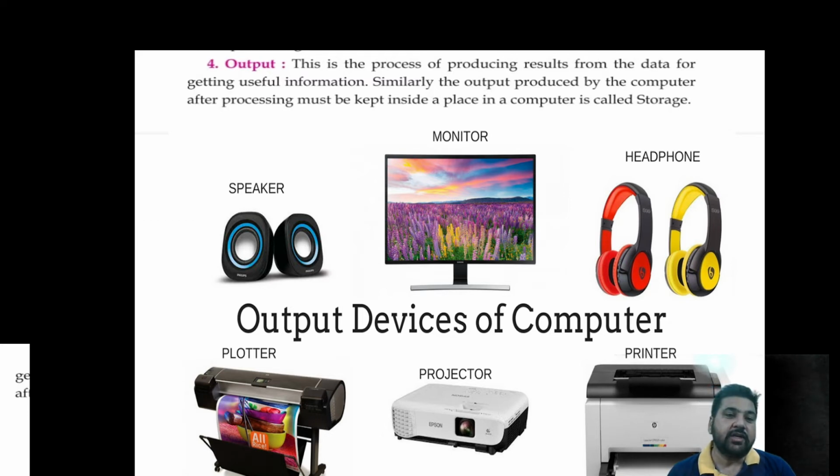The common output devices you see in your system are monitor, speaker, headphone, printer, projector and plotter. These are all output devices of a computer. But mostly we use the monitor, printer and speaker. Headphone is also an output device.